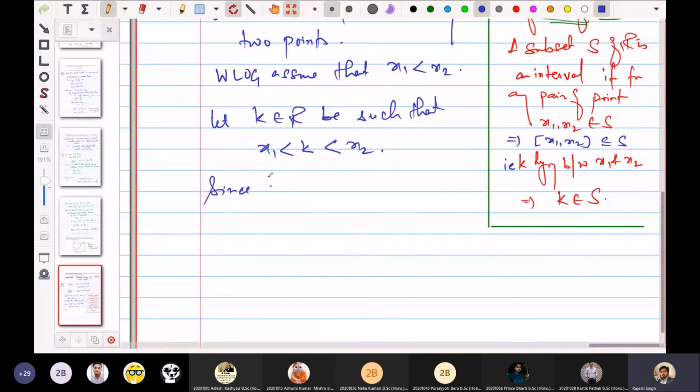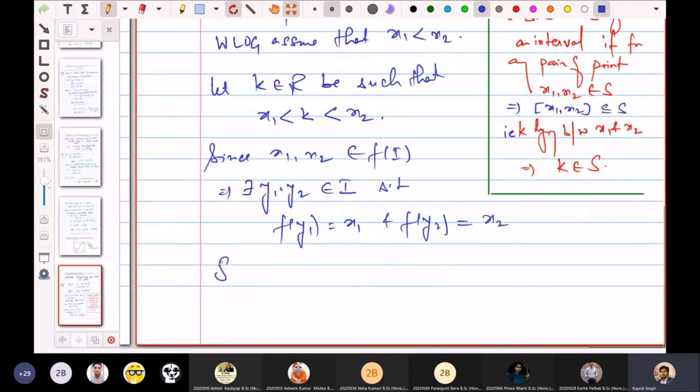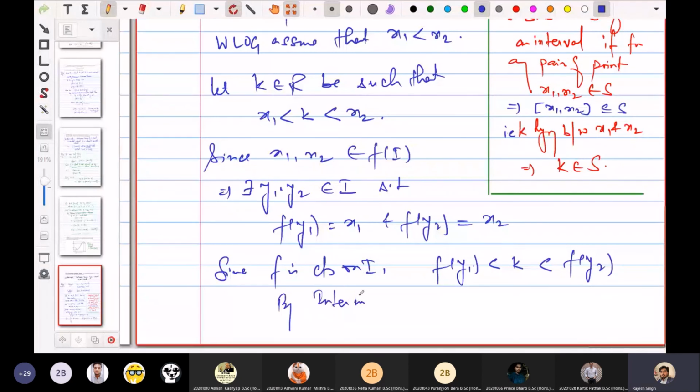So since x1, x2 belongs to f of I, so इसका मतलब क्या है, there exists y1, y2 belonging to I such that f of y1 is equal to x1 and f of y2 equal to x2. So since f is continuous on I and f of y1 is less than k less than f of y2, so by intermediate value theorem what will happen?